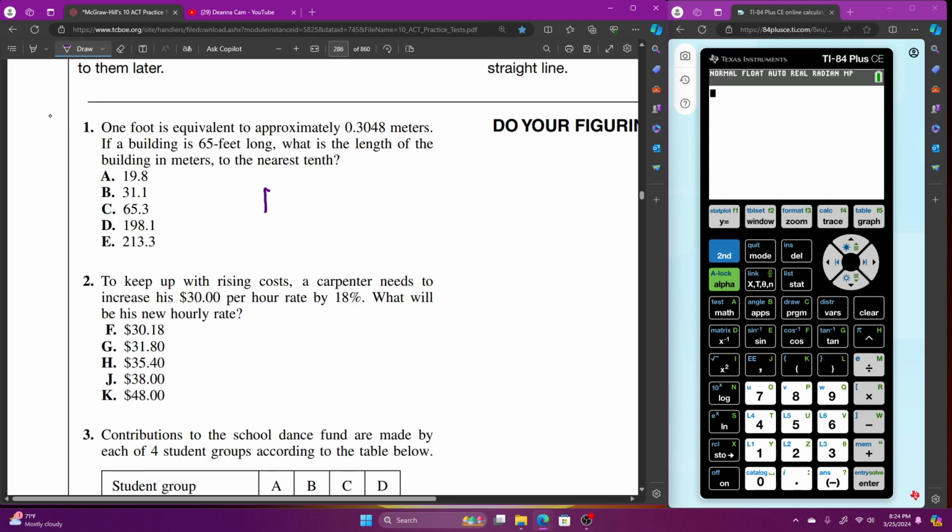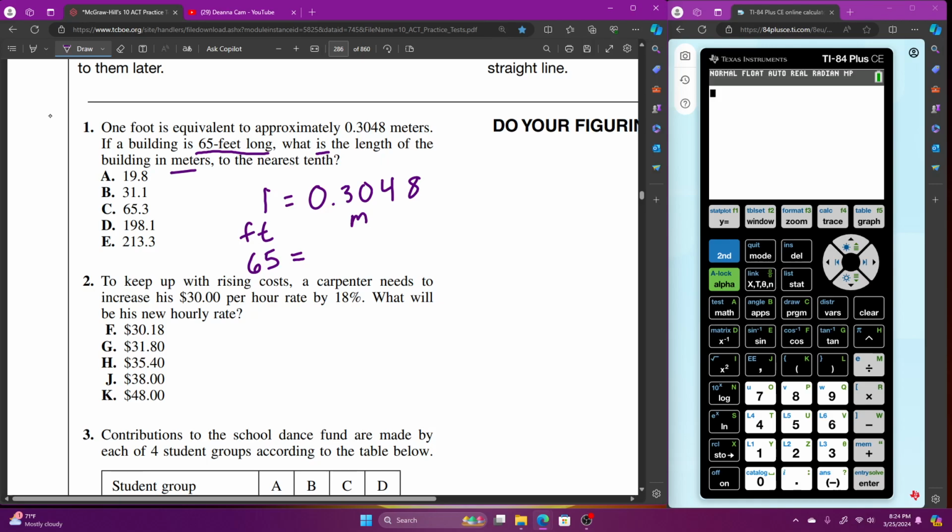So if 1 foot equals 0.3048 meters, they want to know 65 feet is how many meters?